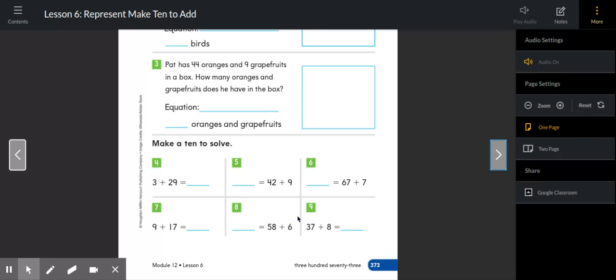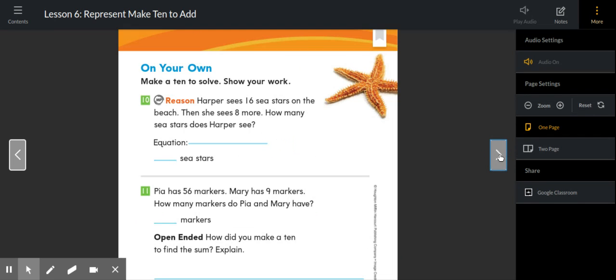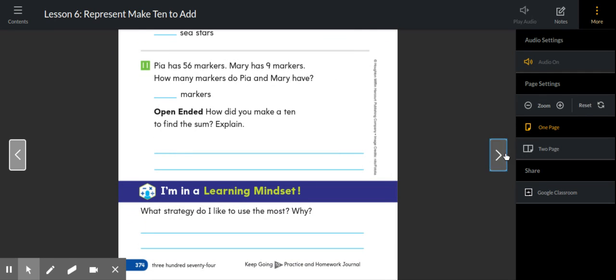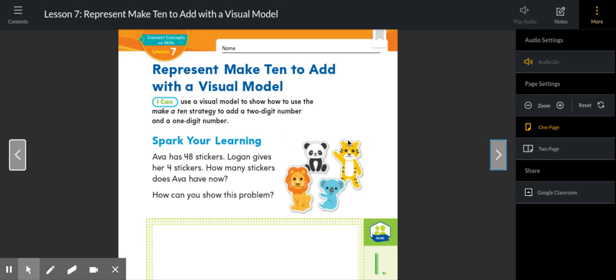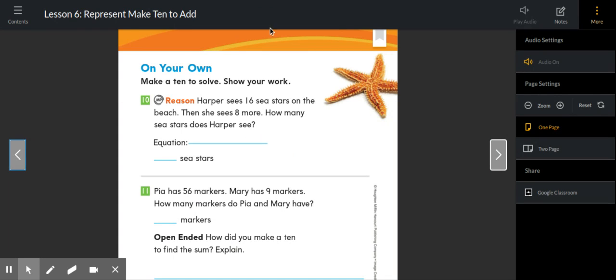Or if you want to use another strategy to count on, if that's easier for you, you can do that. But just be sure that you are able to draw a picture. Be sure to use the picture on those two. And there are several on your own pages in this lesson, which is why you have 2 days to complete this lesson. So take your time, and I will chat with you tomorrow.